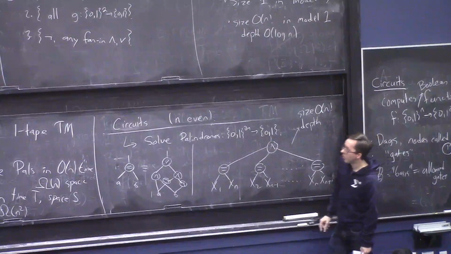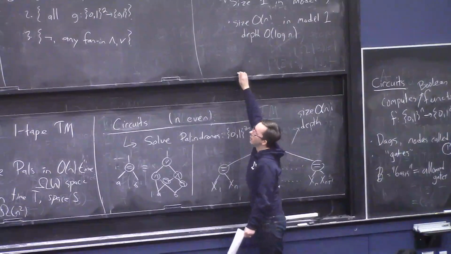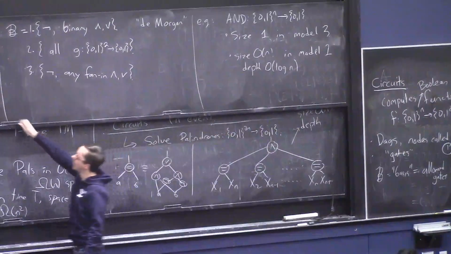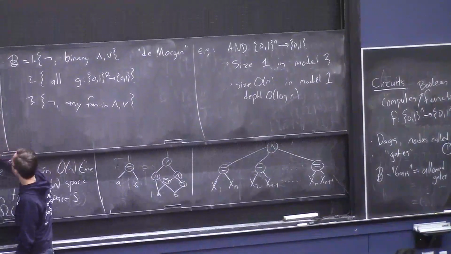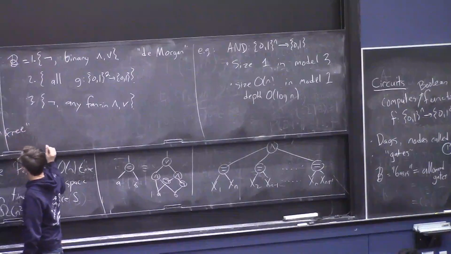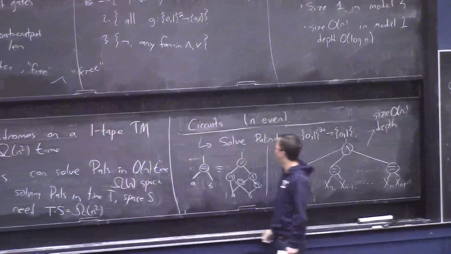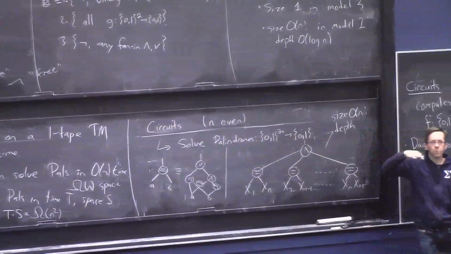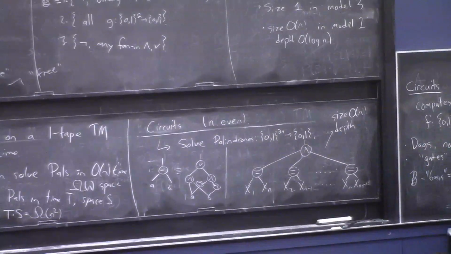Maybe I should mention another thing. Usually negation gates are also considered free in this model. Because if you have AND, OR, and NOT gates, you can push all the NOT gates down to the bottom by using De Morgan's laws.